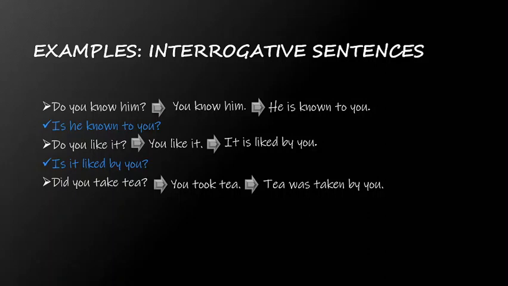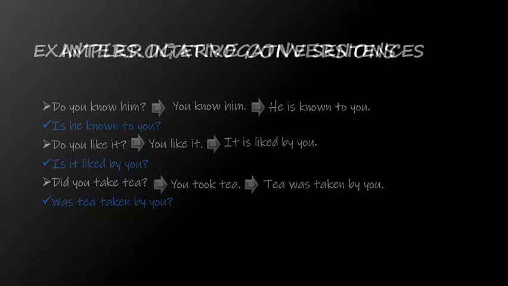The auxiliary verb will come at the beginning. Was tea taken by you? As it is. So now you know how we can use the basic rules to convert one interrogative sentence into its passive interrogative sentence.